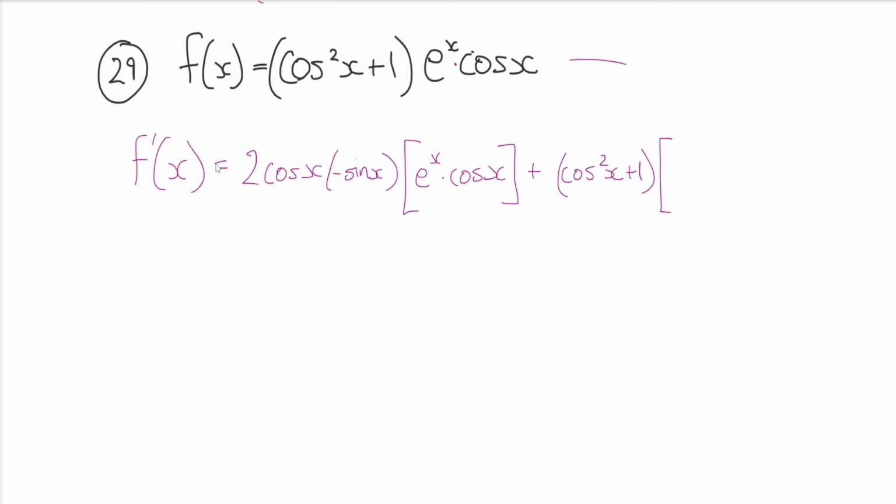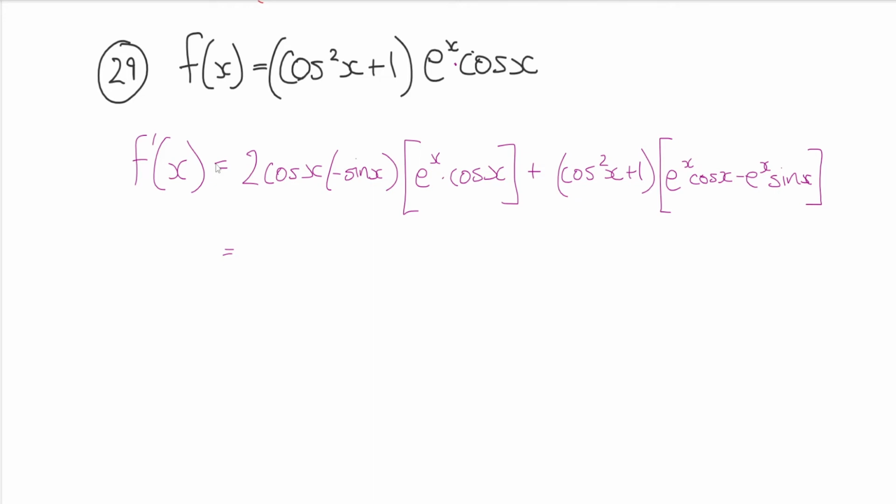So we have to do a product rule on just that thing itself, right? So that is e to the x times cos of x minus e to the x sine of x. And so we just have a bunch of stuff to simplify now. All right, let's do it.